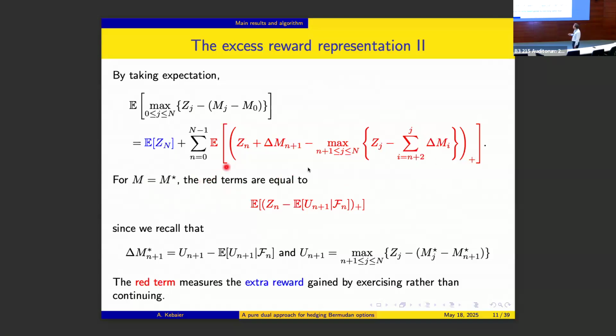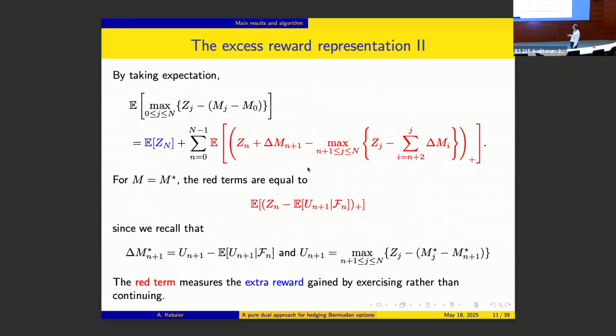So this expectation splits into the price of a European option plus a sum of red terms. These red terms, if you choose M equal to M star, reduce to this positive part that we showed you before. But in this case, for any martingale, this is the associated form, right?